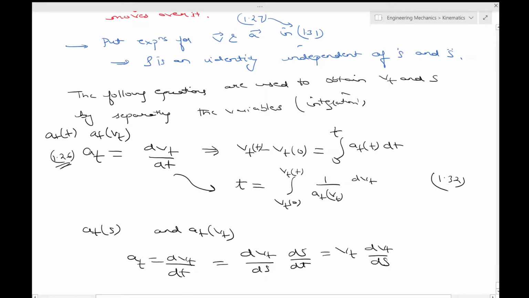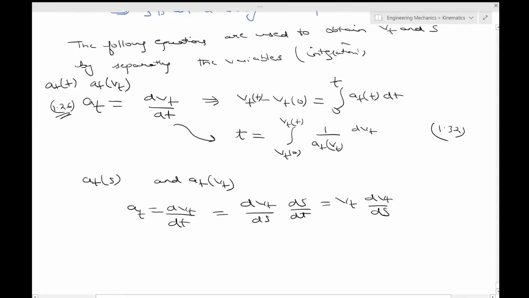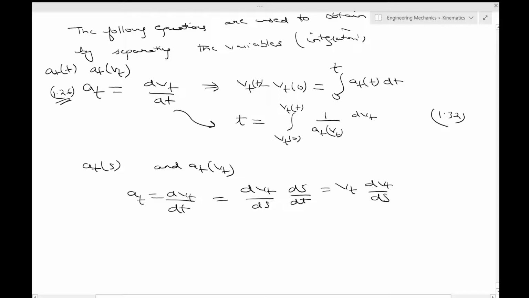So you can perform the integration by easily saying that, if you integrate At, you do At into ds is equal to Vt into dVt, and then you integrate both sides. At clearly now is given in terms of s, okay, hence you can integrate that.